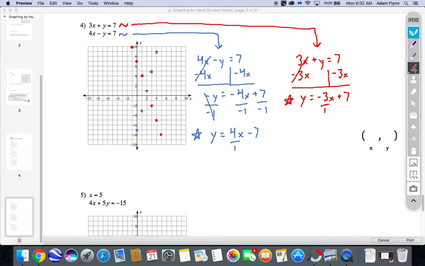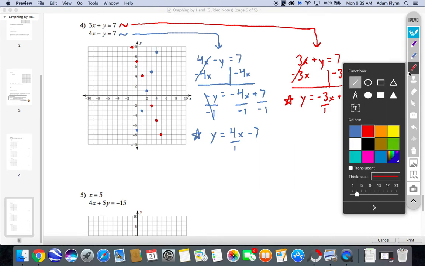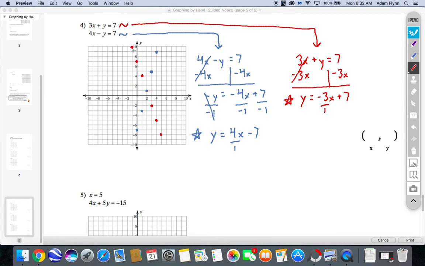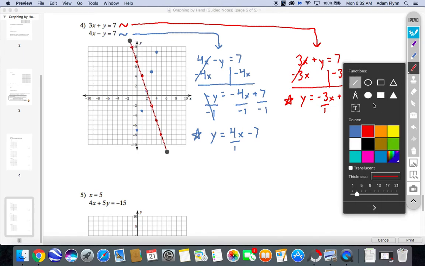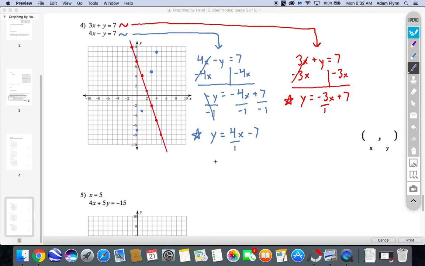Okay, now that I have all the important points, it's time to make my line. So I'll start with my red line. And my blue line. Don't forget to add arrows.